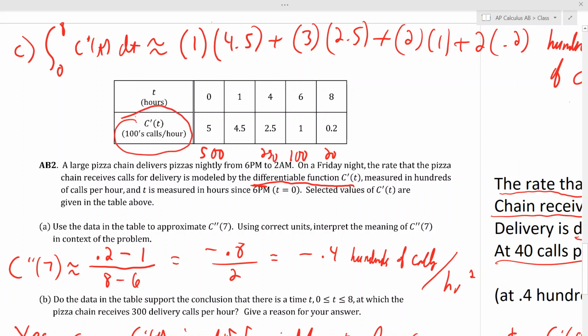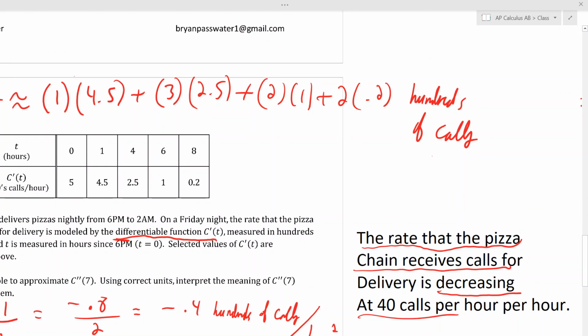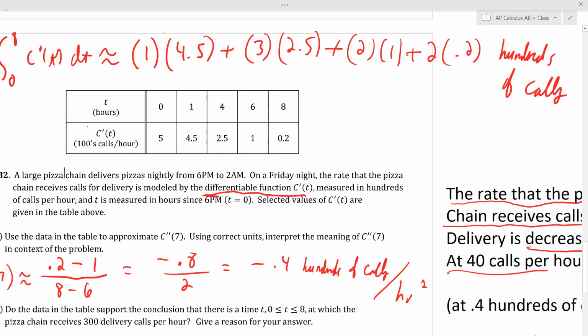Sometimes when the numbers are bigger, like hundreds or thousands, they just chop off the 100 part or the 1,000 part. So the answer we get when we integrate this, like if we did all this work out here, like 4.5, we got somewhere around 20. It's not 20 calls, it's 20 hundreds of calls. Does that make sense? Which means it's really 2,000 calls.